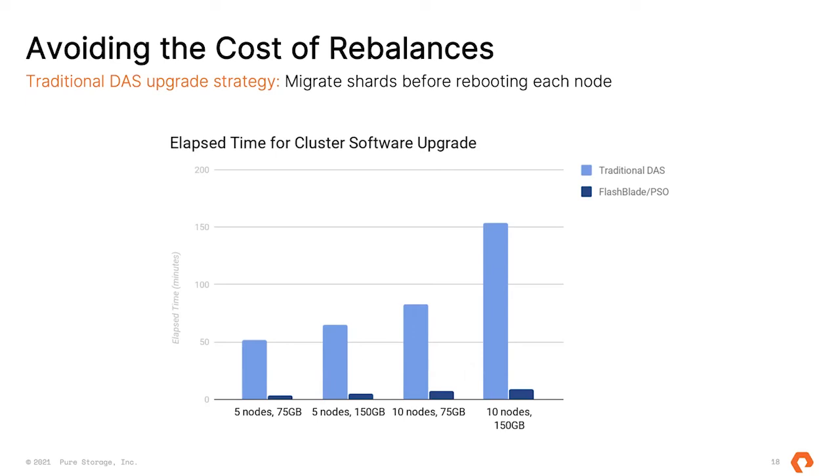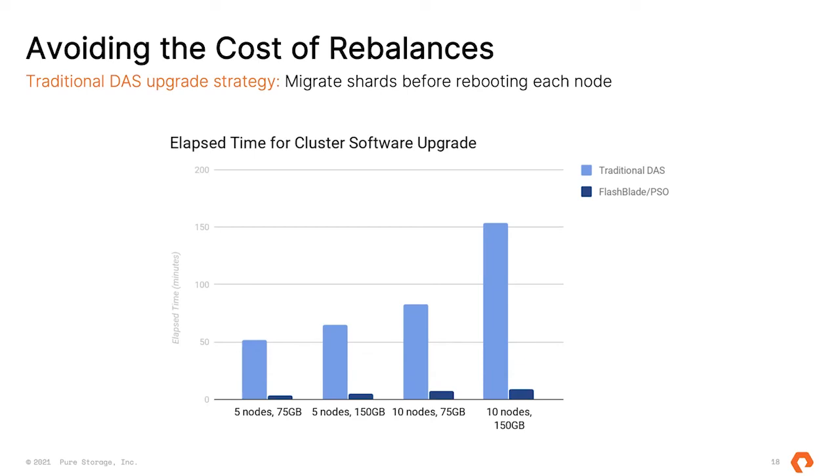So this is a graph comparing a traditional rolling rebalance strategy, which highlights the speed of a rebalance operation with a disaggregated architecture where you don't need to do a rebalance. Of course, the rebalances are much longer and so make the software upgrade much slower.